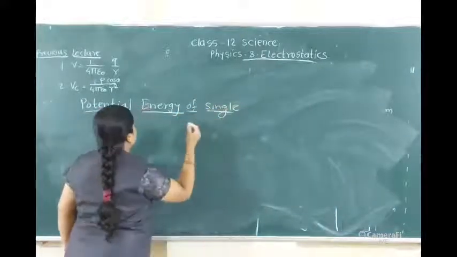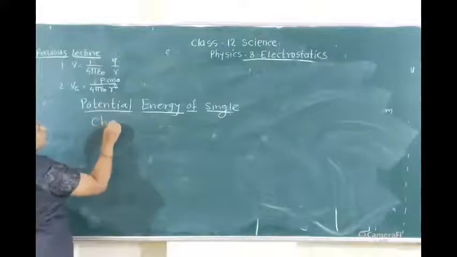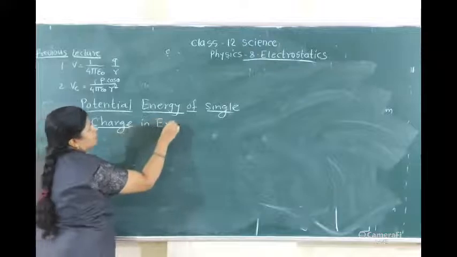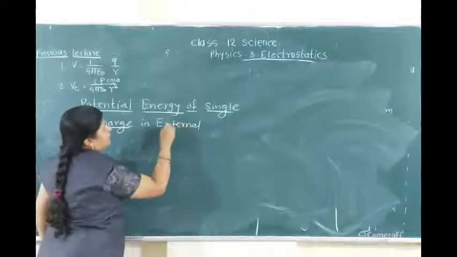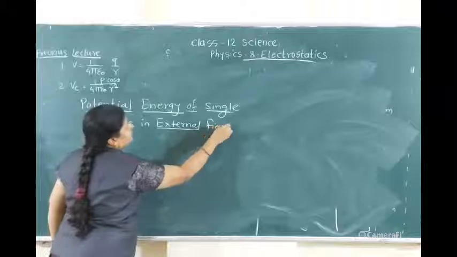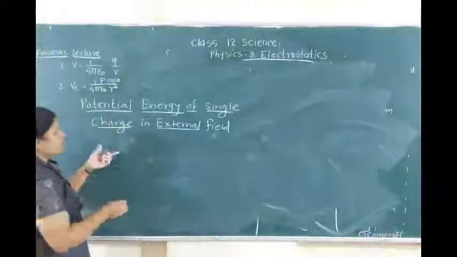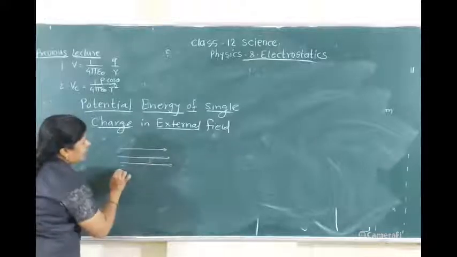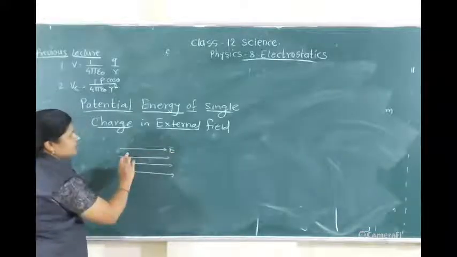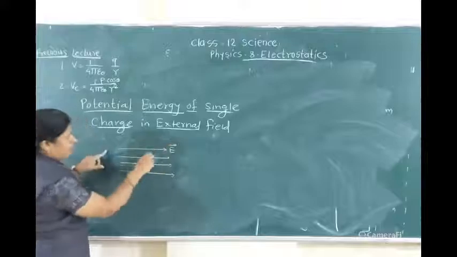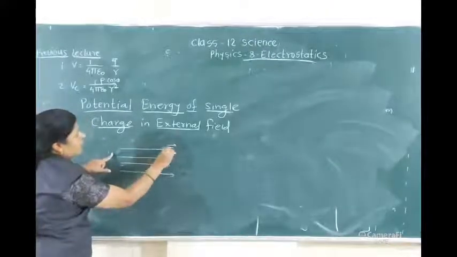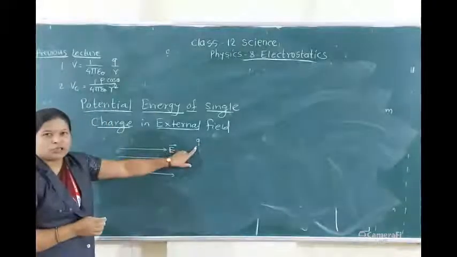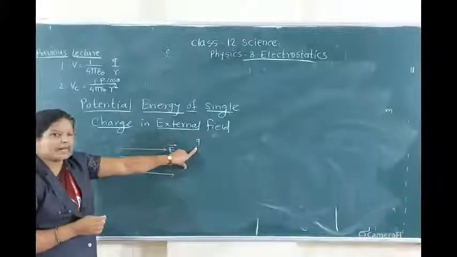Suppose this is the external electric field, with its direction as shown, and the charge Q is at infinite distance. If we bring this charge into the electric field, there is work done by the charge.